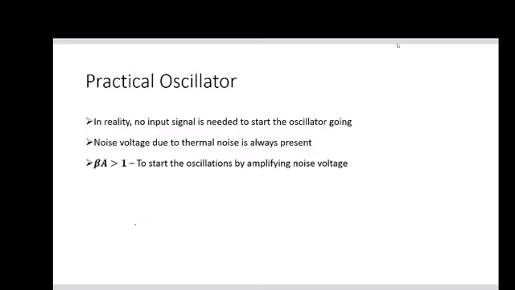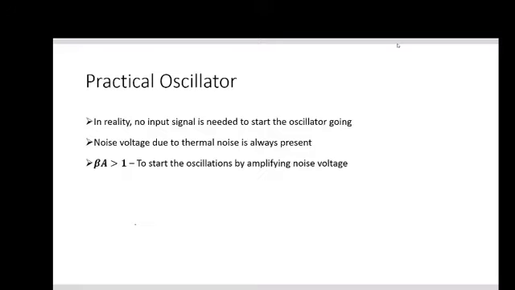It is set greater than 1 because your noise voltage is very small, so you can't have oscillations in the range of just a microvolt or nanovolt. You need some amplification, at least till 1 volt. So initially we set beta A greater than 1, and we amplify the noise voltage.